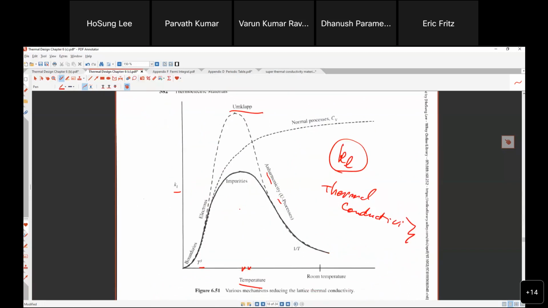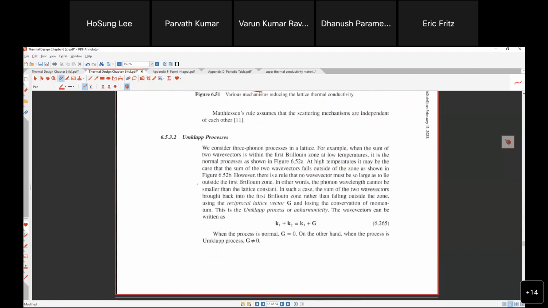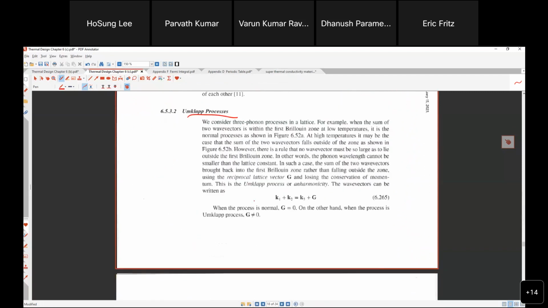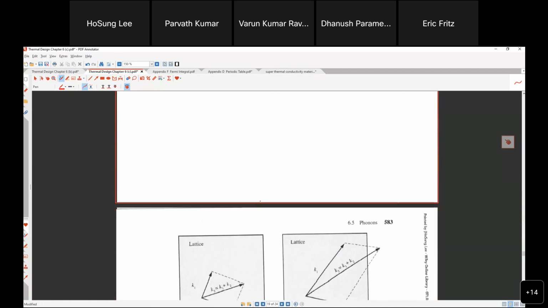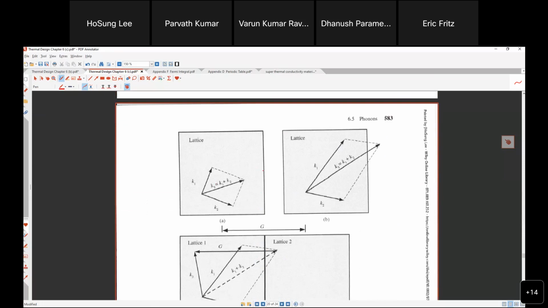So we understand. And what is an Umklapp process? A little bit about the Umklapp process. I don't want to go into detail, but this is a Brillouin zone. This is a Brillouin zone. Here is lattice vibration, phonon, like a particle.